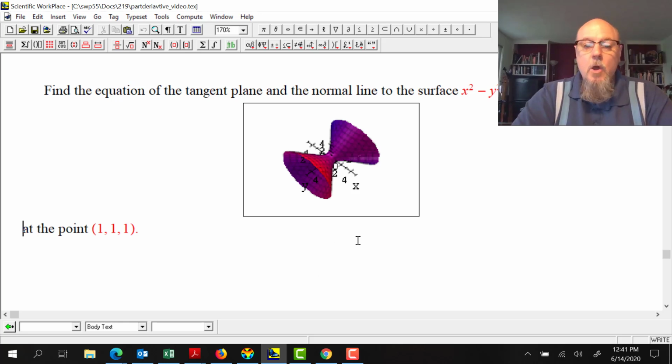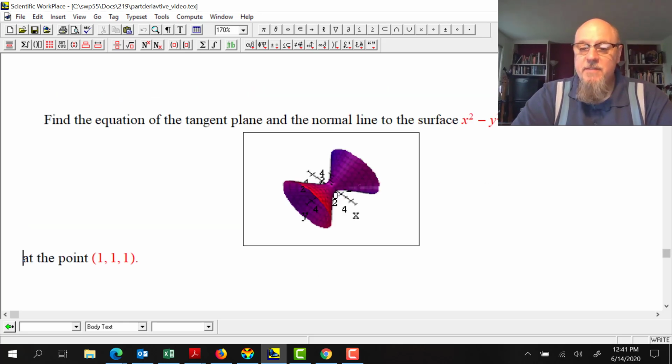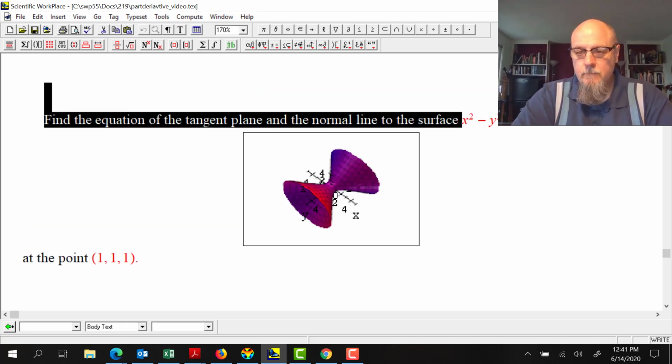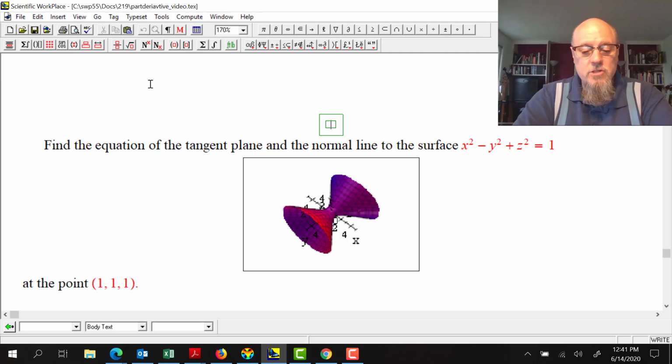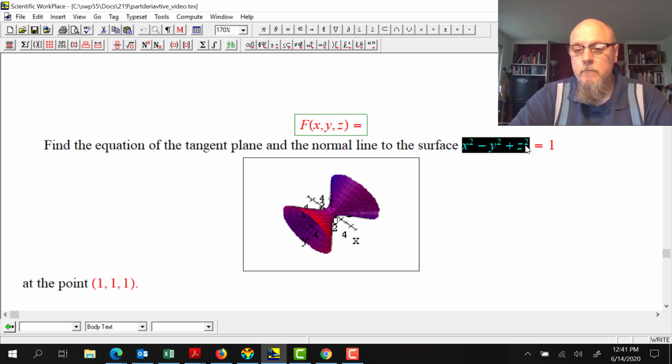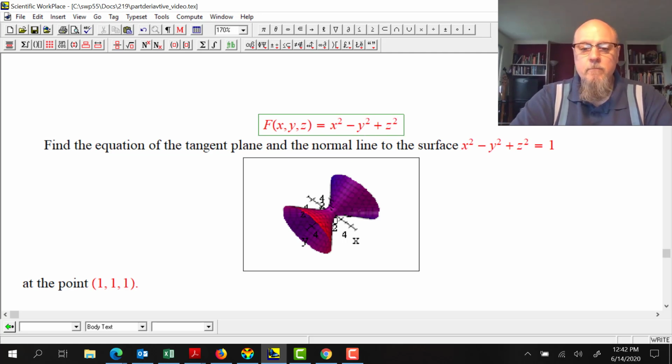Now, we're going to be thinking of this as a level curve to a 4D function. So in our heads, there's some function f of x, y, z, that's what we're thinking, a 4D function.